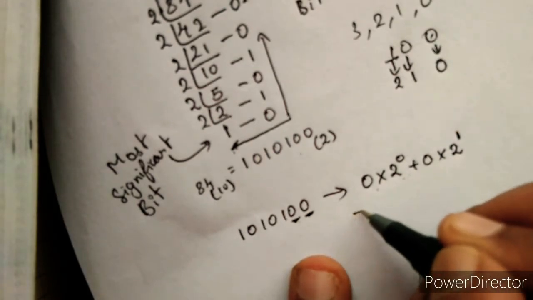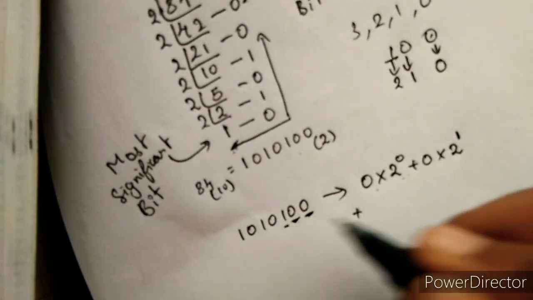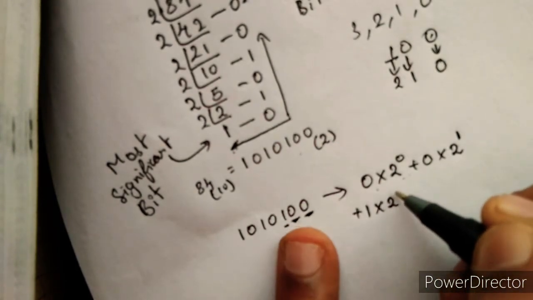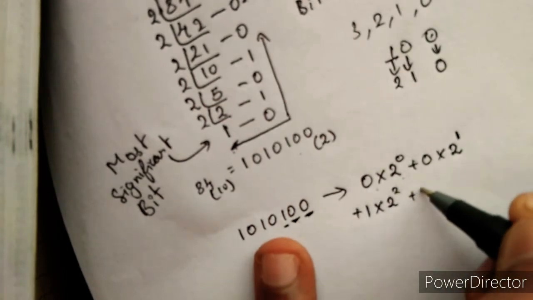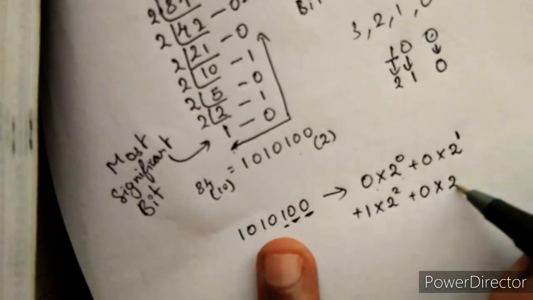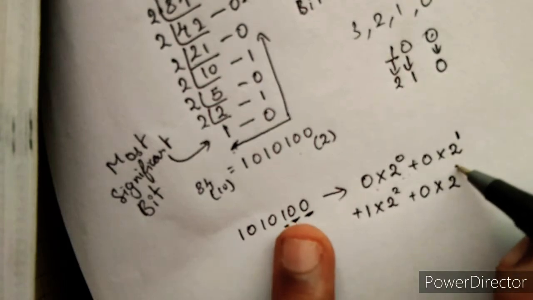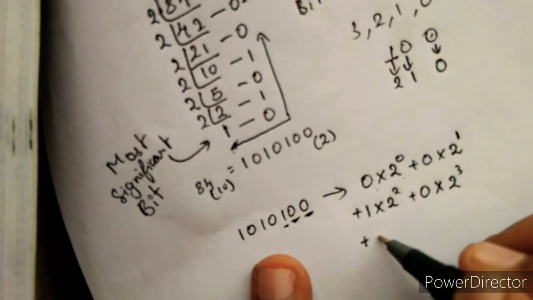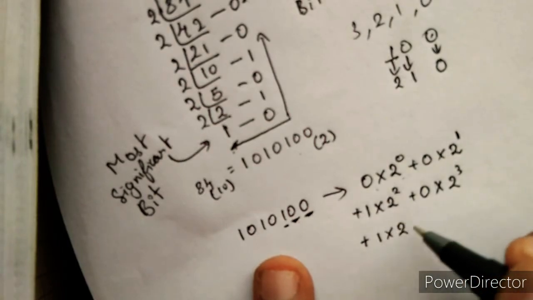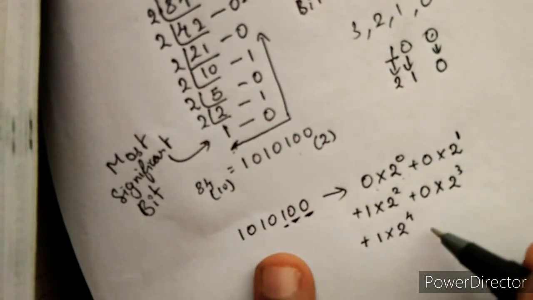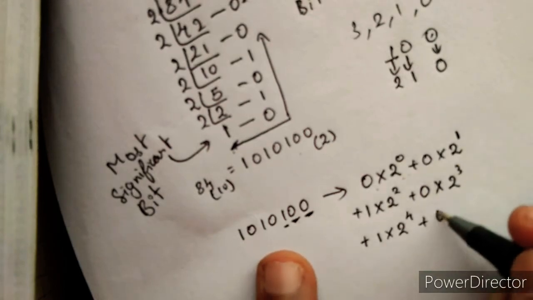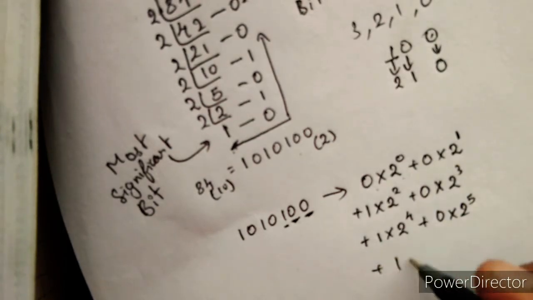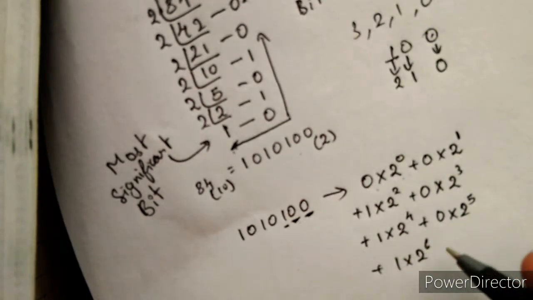1. Again I take the next number, which is 1. 1 into 2 to the power place value is 2, plus 0 into 2 to the power of a place value, which is 3, then plus 1 into 2 raised to the power 4, plus 0 into 2 raised to the power 5, plus 1 into 2 raised to the power 6.